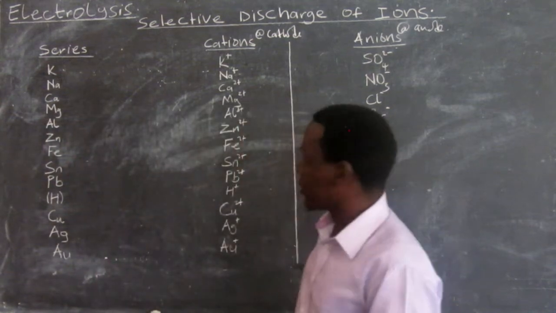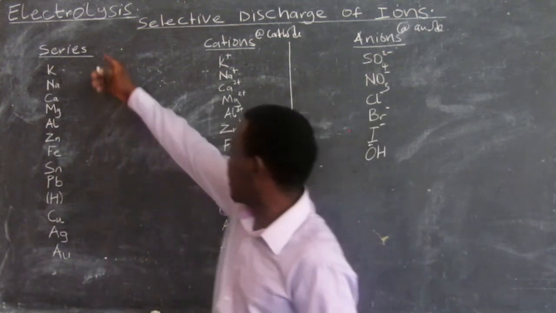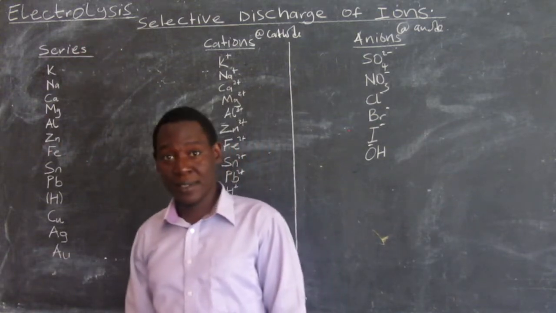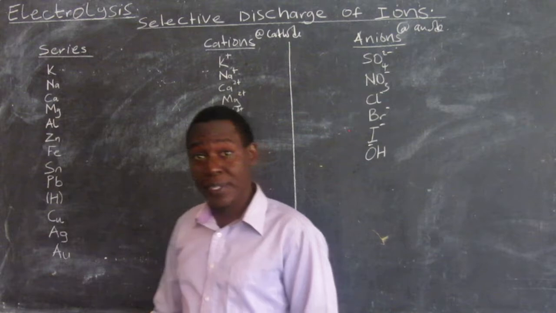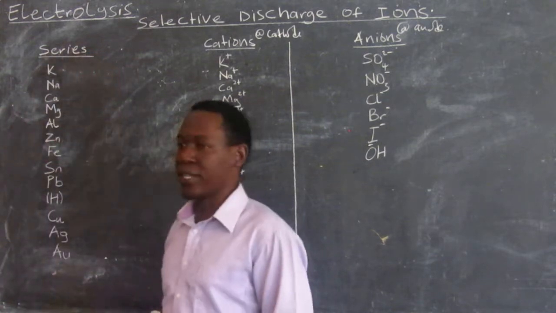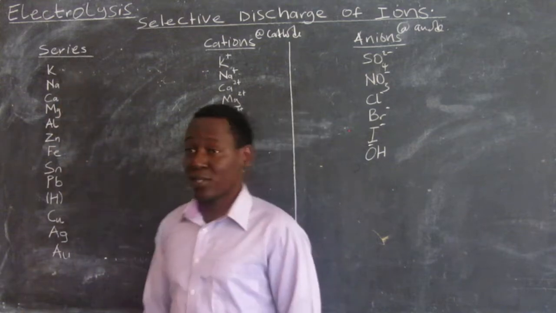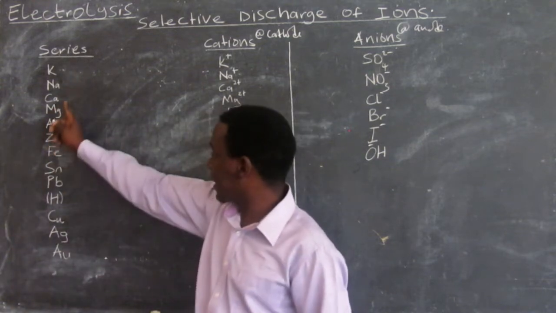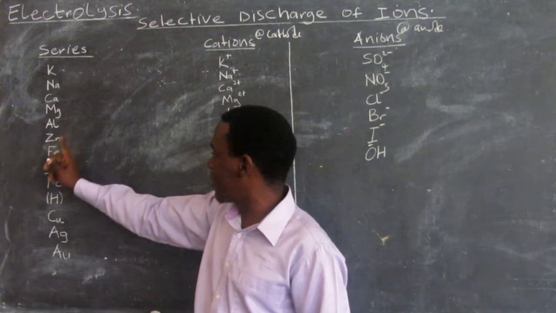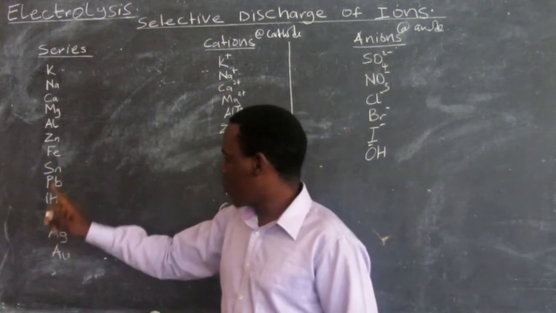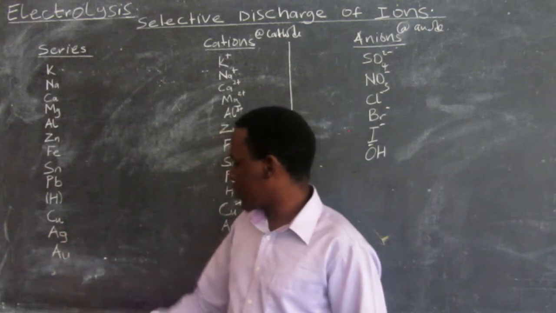If you are quick enough, you see that we have our reactivity series. This is the order of the reactivity of our elements in chemistry, and the most reactive is on the top, and the least reactive is at the bottom. In this case, potassium is most reactive, followed by sodium, calcium, magnesium, aluminium, zinc, iron, tin, lead, hydrogen, copper, silver, and gold.